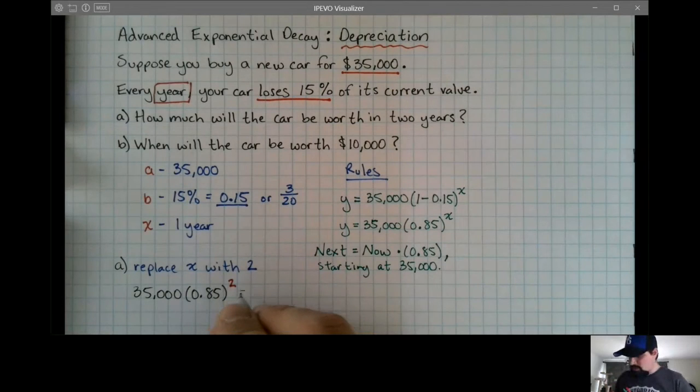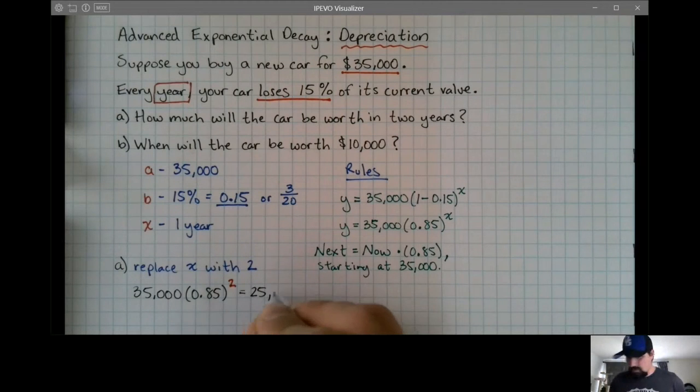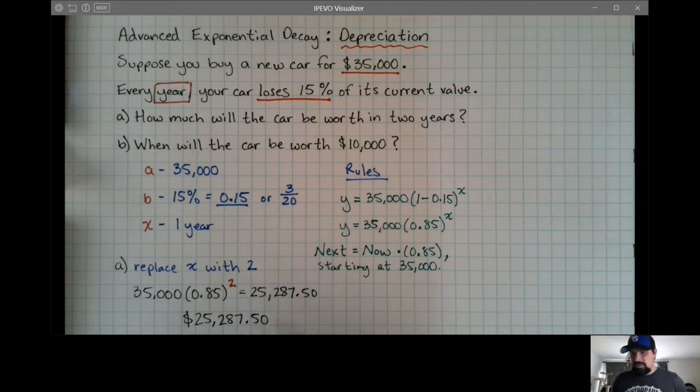When we put this through our calculator, we'll get a value of 25,287.50, which means the value of the car will be $25,287.50. Remember, when we deal with money, we always have 2 decimal places because that's dollars and cents.